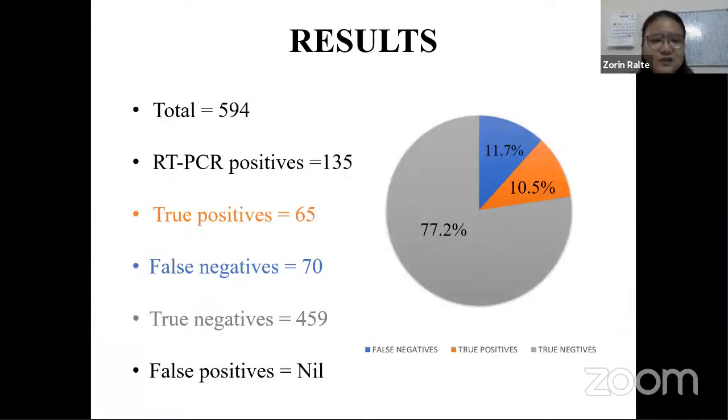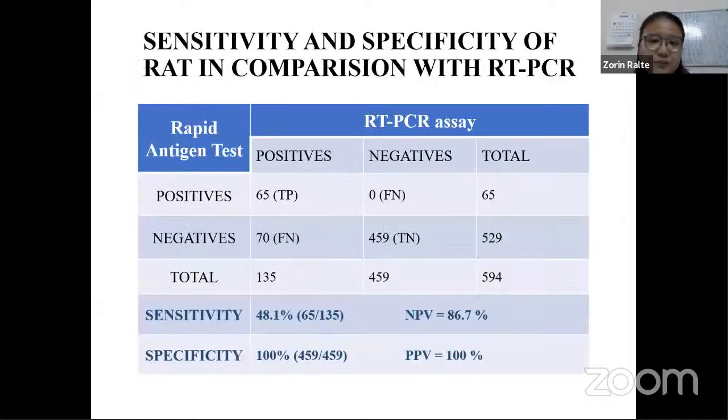Now coming to my results. From the total 594 samples which were collected, 10.5%, which is 65 samples, were true positives, and 11.7%, 70 samples, were false positives, and true negatives were 459, and there were no false negative results.